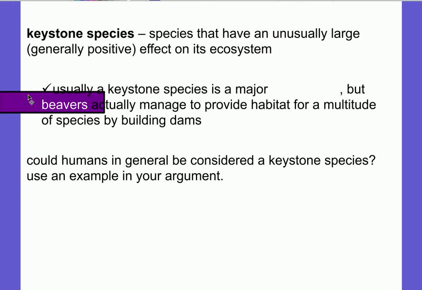So, generally speaking, the answer is probably going to be yes, but the example that you use basically tells us, do we have a positive effect or a negative effect? It doesn't really matter which direction you lean, but either way, we're probably going to have a huge effect on that environment, so we might still be considered a keystone species. So yeah, we'll talk about that tomorrow.